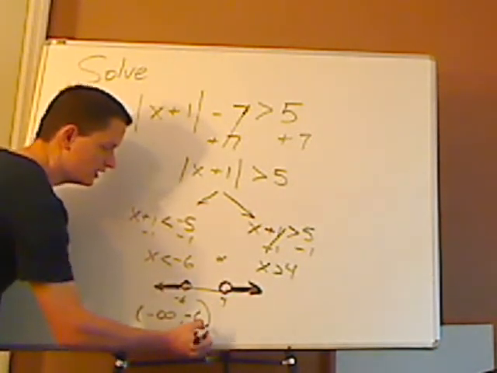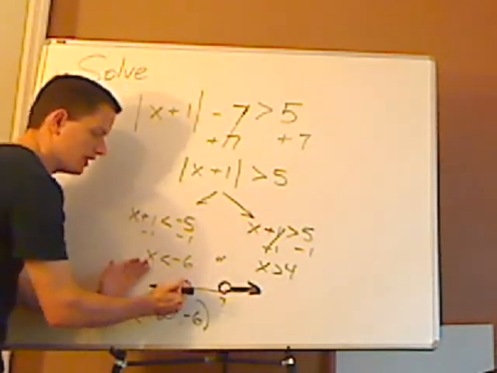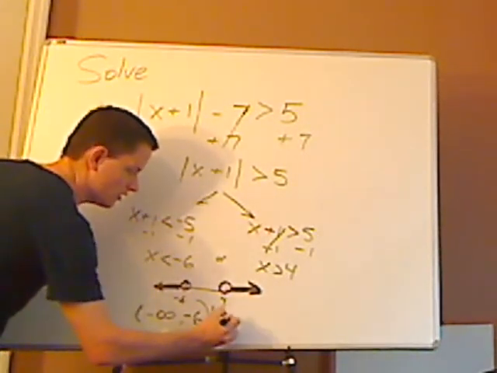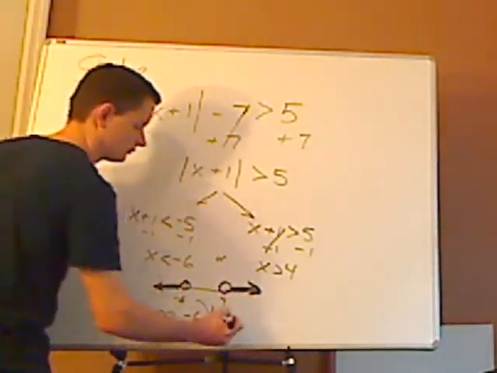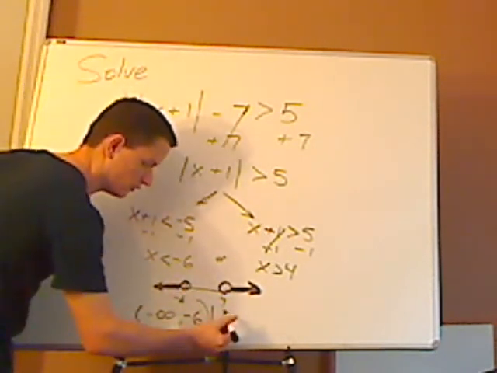So it's going to be parenthesis. Now you have to put a gap in there, but it's this or this. So when it's an or, use a union. It's just a U symbol, which means or.